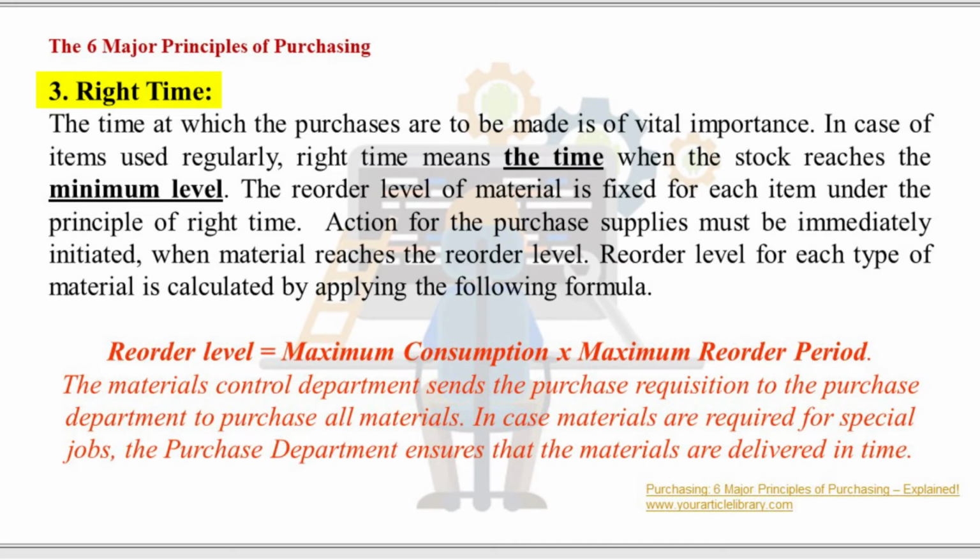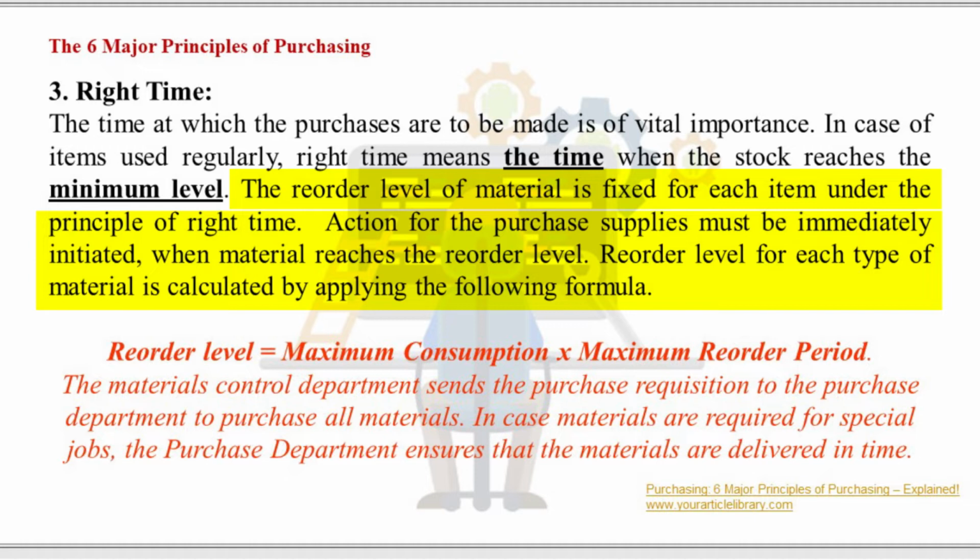Right time. The time at which the purchases are to be made is of vital importance. In case of items used regularly, right time means the time when the stock reaches the minimum level. The reorder level of material is fixed for each item under the principle of right time.